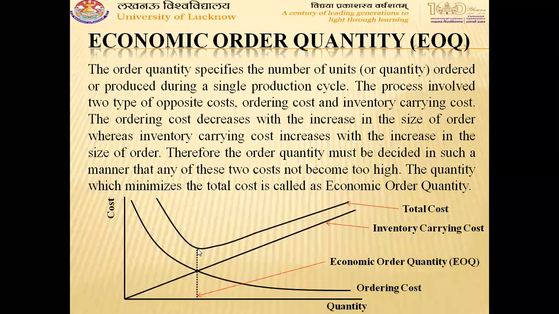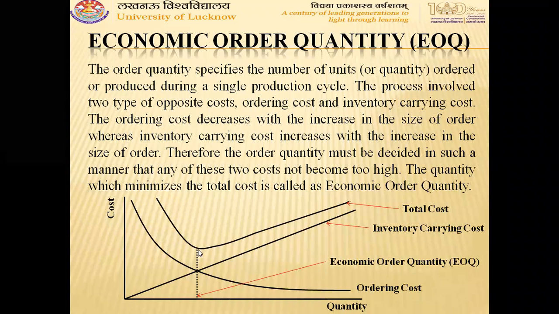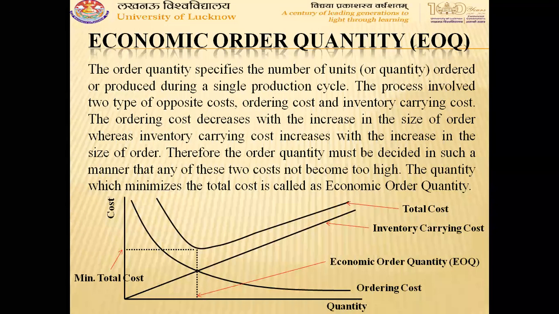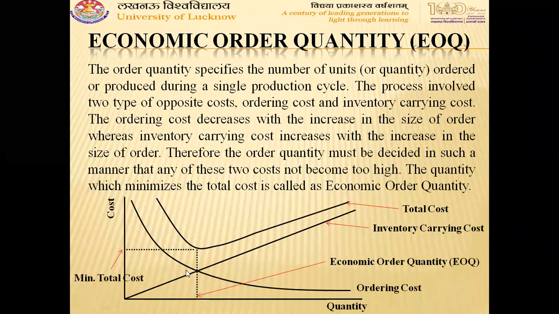And if we draw a perpendicular from the same point to the axis of cost, then we would obtain the minimum total cost. Here you can see another thing, that when we order the economic order quantity, then ordering cost and inventory carrying cost both are equal.